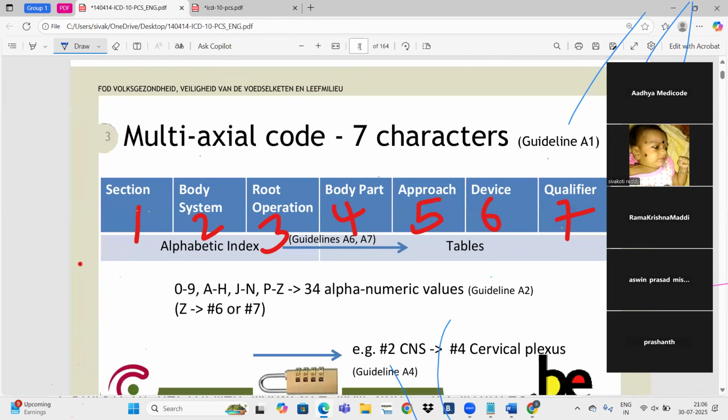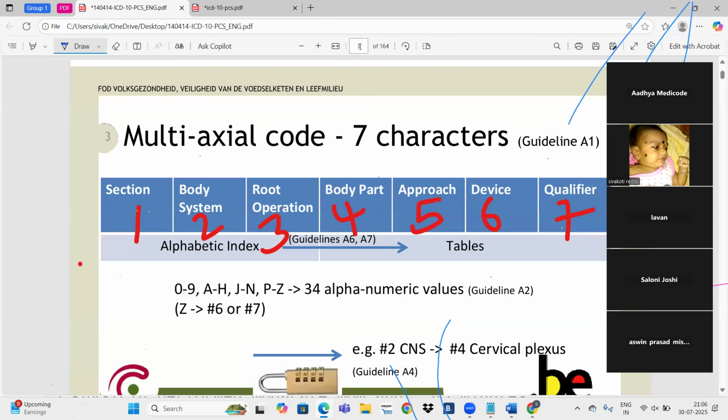Based on these 6 characters, we can check. What is the meaning of device? It remains in place after the procedure is completed. Body part, the site of the procedure.